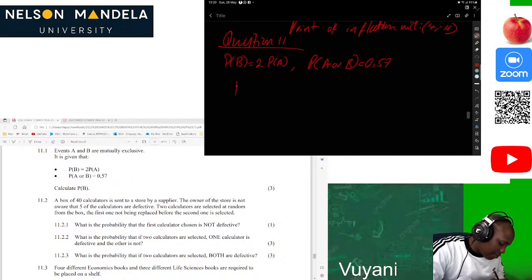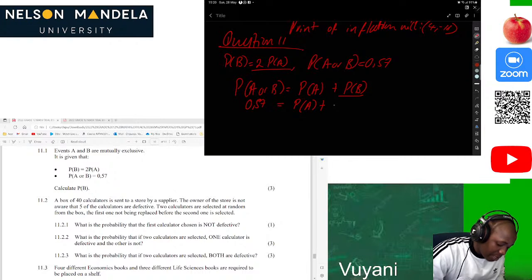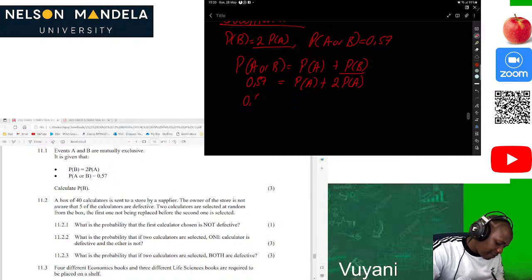Let's solve it. The probability of A or B is equal to the probability of A plus the probability of B. So 0.57 is equal to the probability of A plus, what is the probability of B? It's 2 times the probability of A. So 0.57 is equal to 3 times the probability of A. Then we divide by 3.